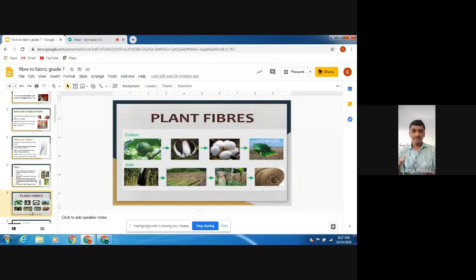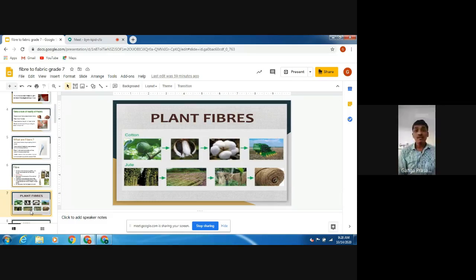Once they grow very well, the cotton fruits come out from the plants, and the fruit matures. Once it matures, it will burst, that is, it opens up.